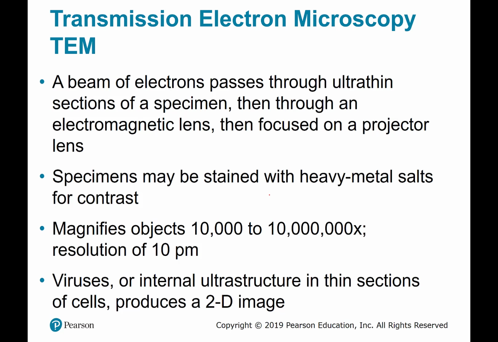Okay, so that's very high magnification power and very high resolving power as well. One thing with the transmission electron microscope, you're going to have to kill the specimen, but it will allow you to visualize viruses, internal ultrastructure, and thin sections of cells. And as I mentioned, you do end up with a 2D image.